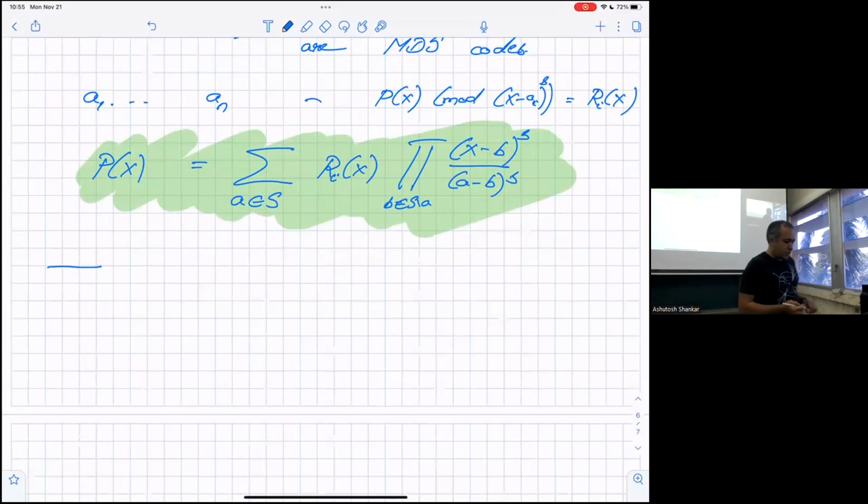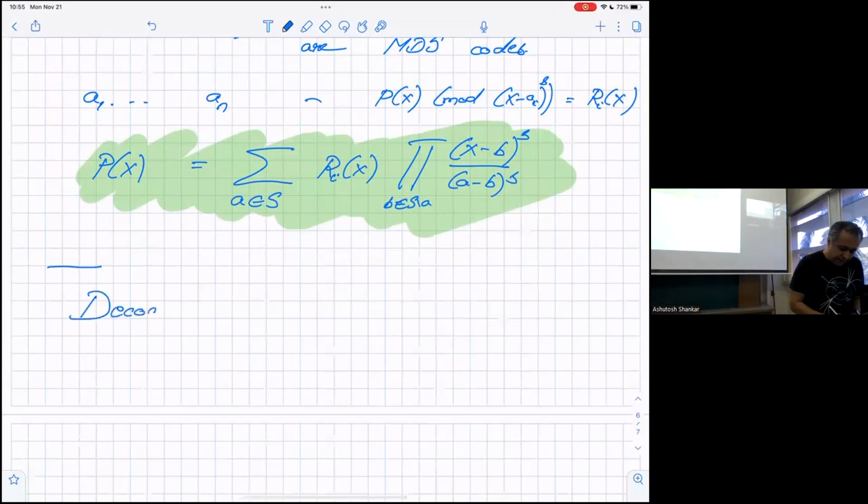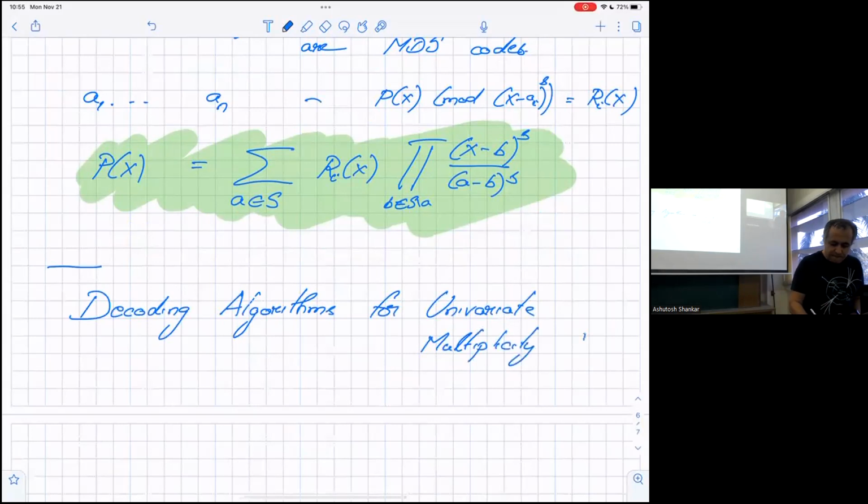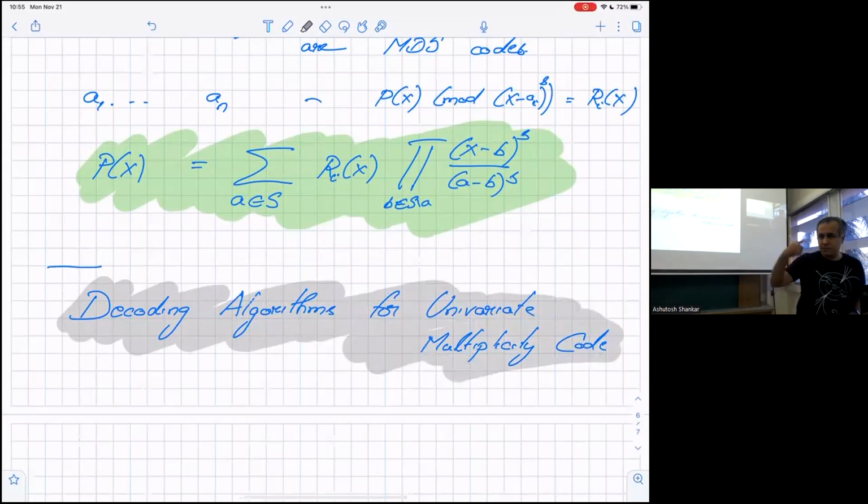So now we'll turn to the question of decoding algorithms for univariate multiplicity codes. That will be the topic. We spend the rest of this lecture, another 5-10 minutes, and most of the next lecture on it.